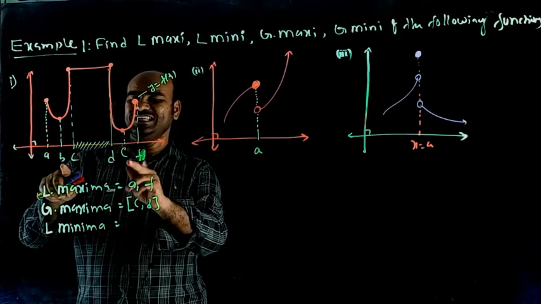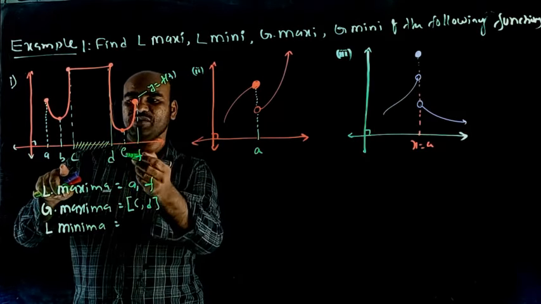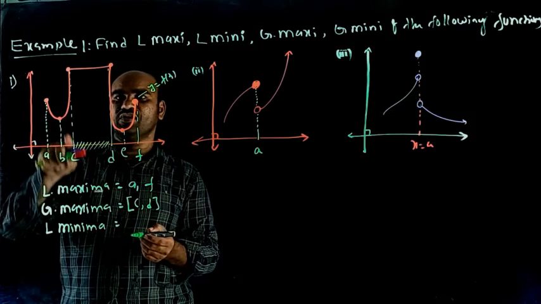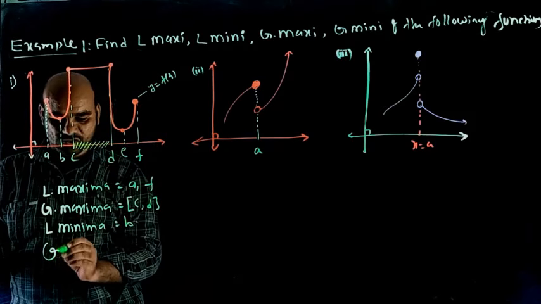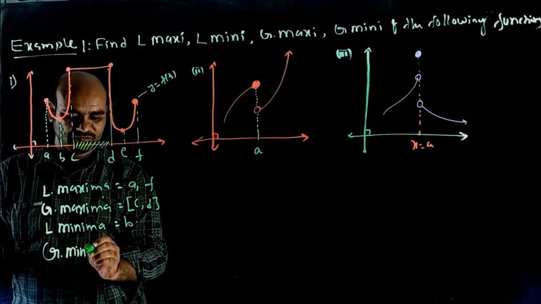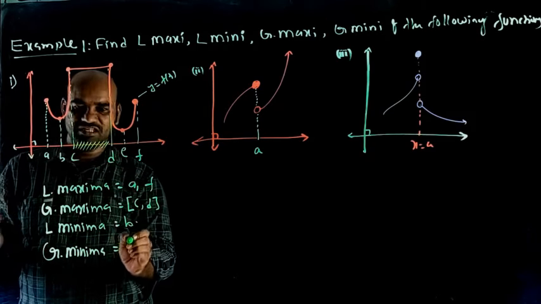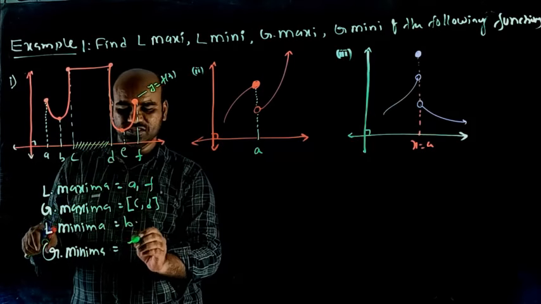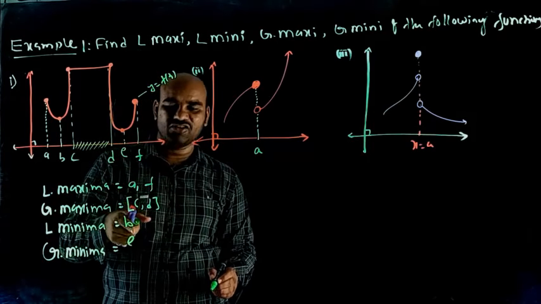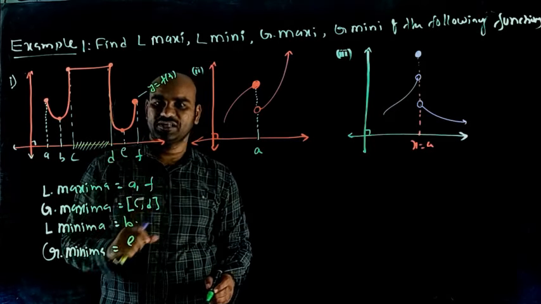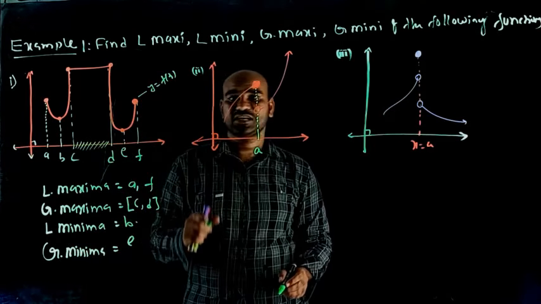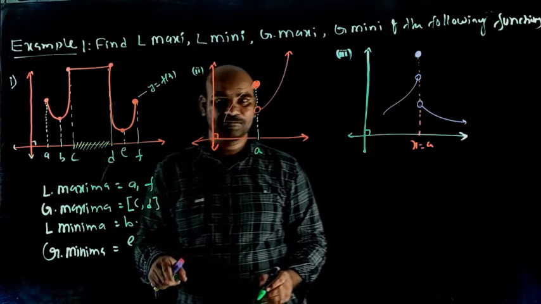B, E is giving local minima. So B is local minima. Next, global minima. That is nothing but E. X equal to E, X equal to B, X equal to A comma F, X belongs to closed interval C comma D.